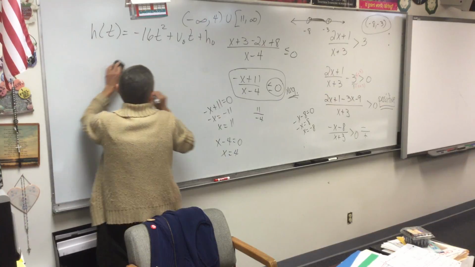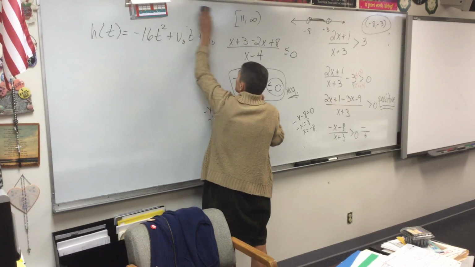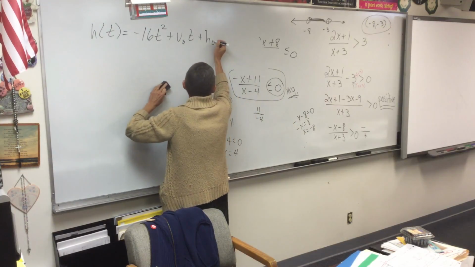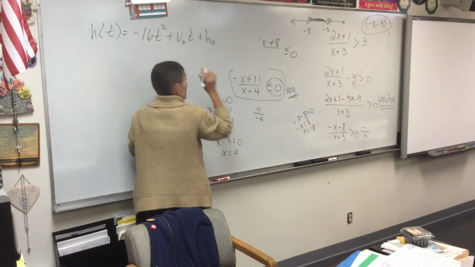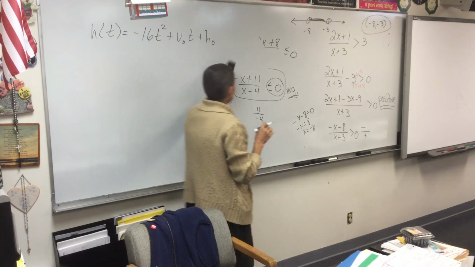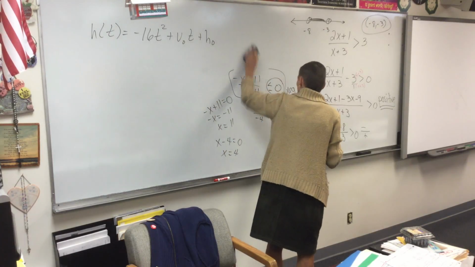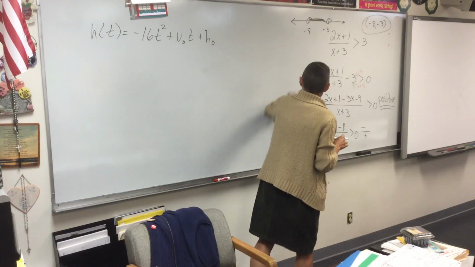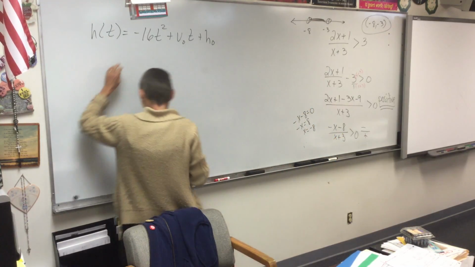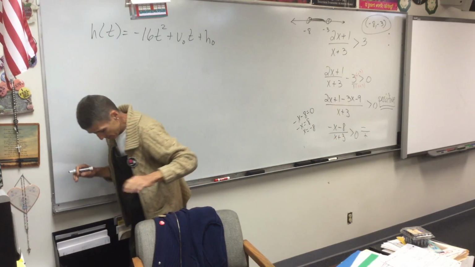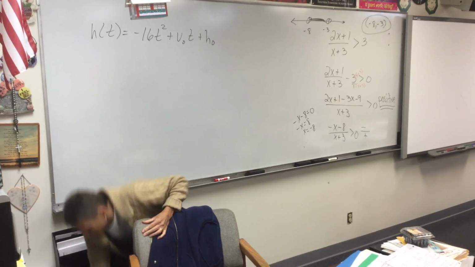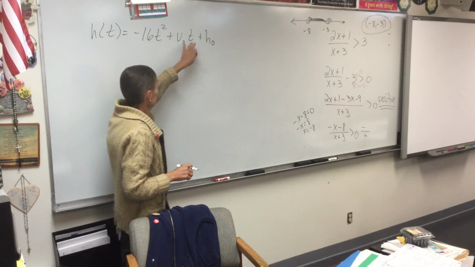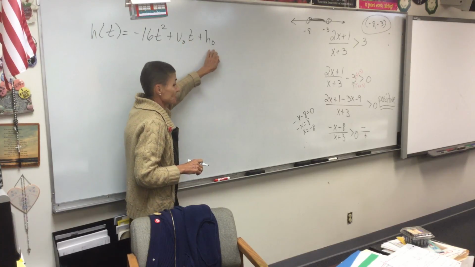I like H's better than S's. Your book uses S's, but I'm going to use H's. Those are little zeros, little subscripts, and we'll talk about what that means. You may already know. So it's -16t squared, plus V sub naught, or V sub 0, t, plus H sub 0.